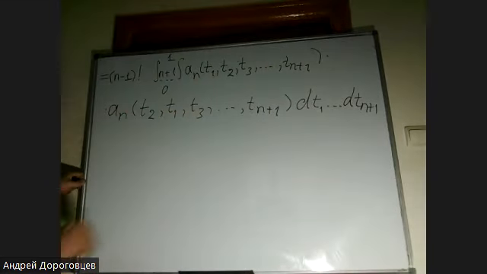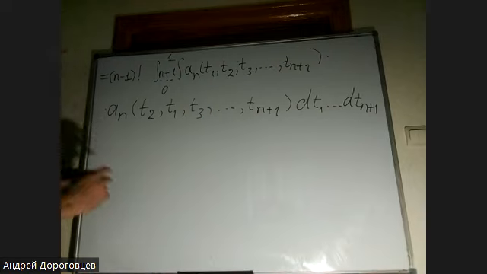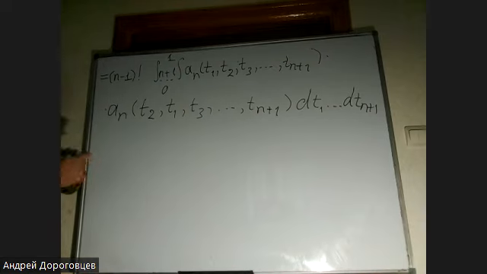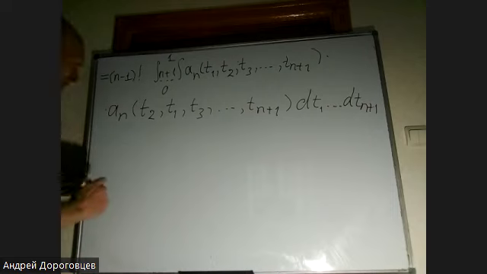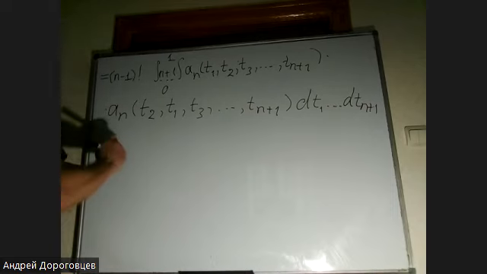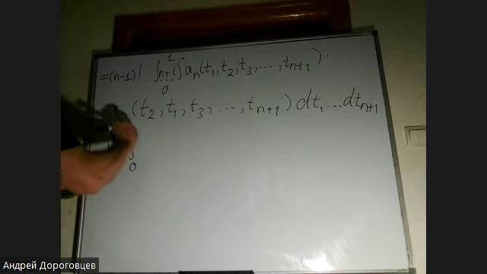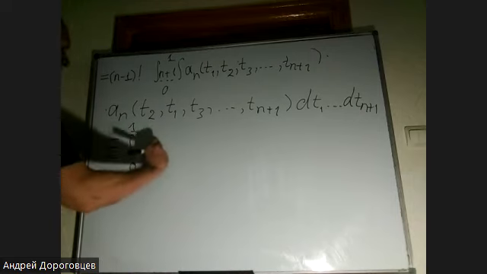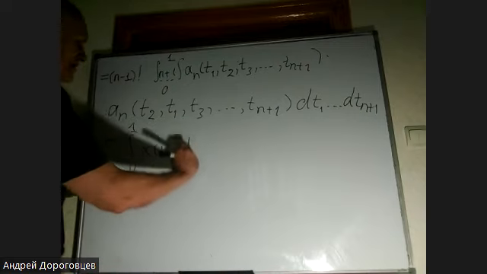As you remember, the next member in the right part of our relation was just the expectation of the integral from 0 to 1 of x_t squared dt.